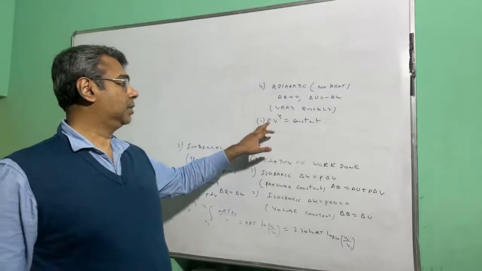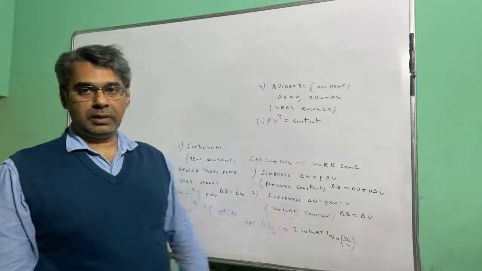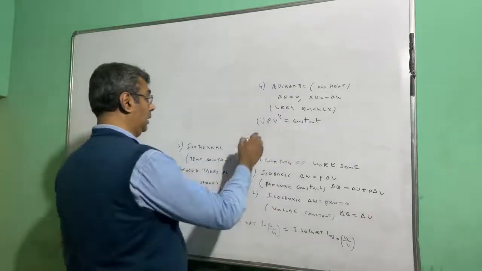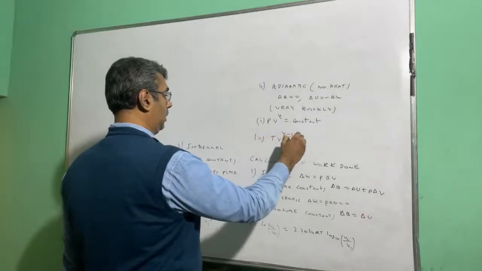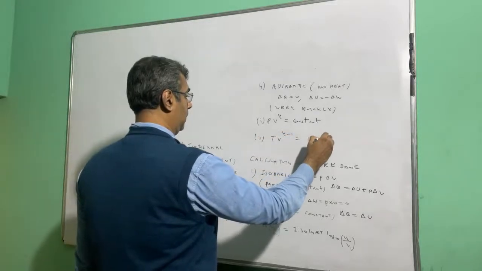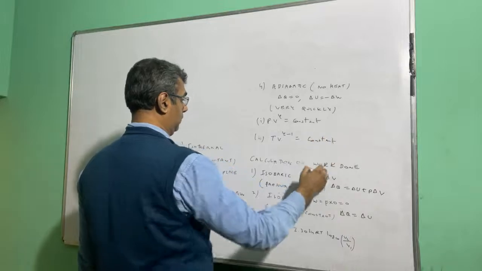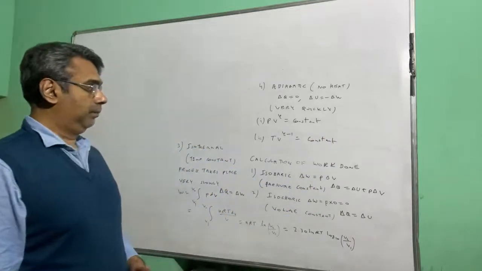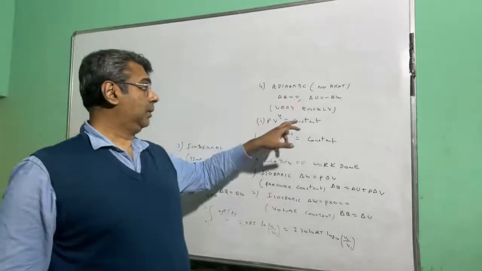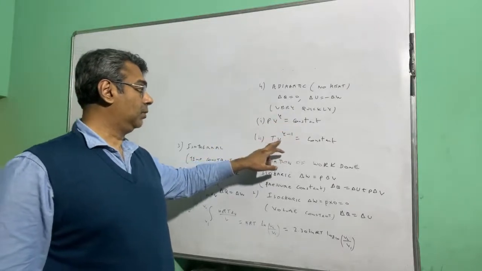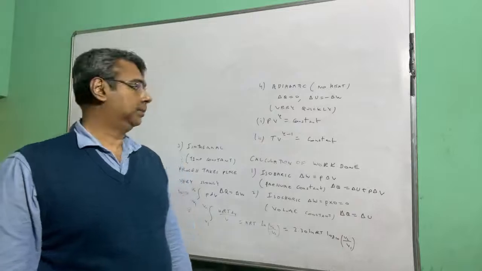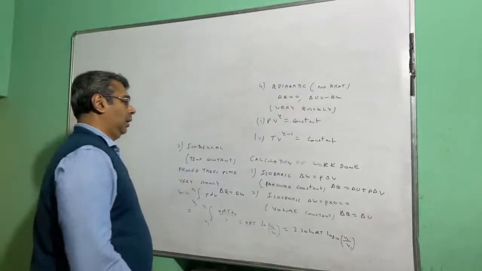Number two: temperature into volume to the power gamma minus 1 is constant. So remember, if it is an adiabatic process, P into V to the power gamma is constant and T into V to the power gamma minus 1 is constant, right?